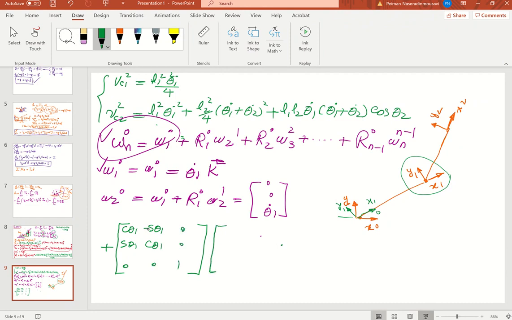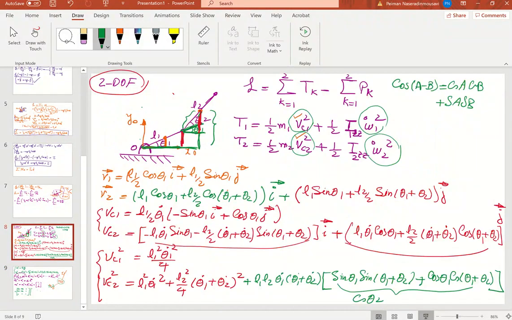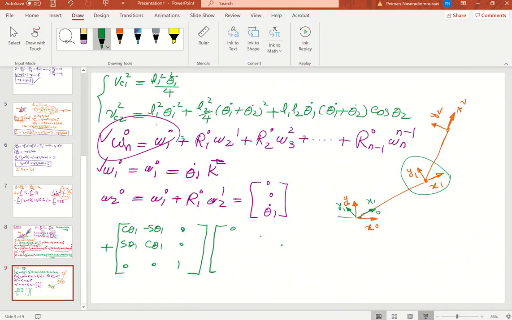Then omega 2 with respect to 1. We have it here, guys. Omega of link 2 with respect to 1. How much is that? Theta dot 2. Let me do this here so you can see it. Omega of link 2 is rotating with respect to link 1 as theta 2, so it is theta dot 2, obviously in the z direction again.